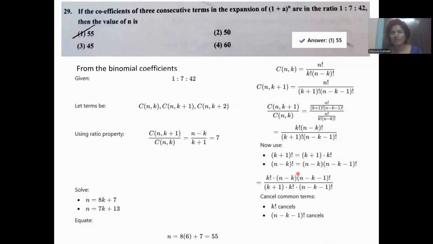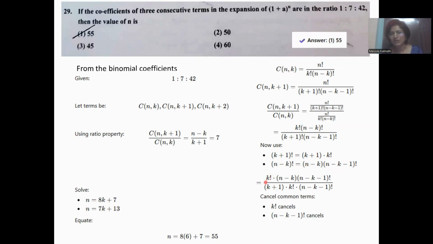Then again we substitute these values in the equation: where we have k plus 1 factorial, I substitute k plus 1 into k factorial, and for n minus k factorial I substitute this value. So this is the equation.